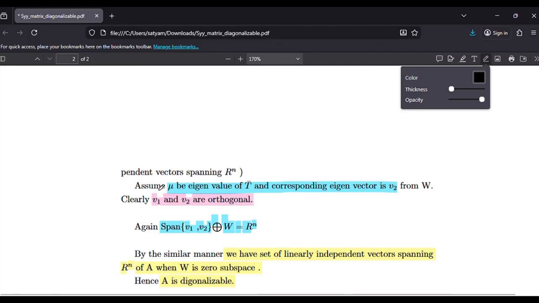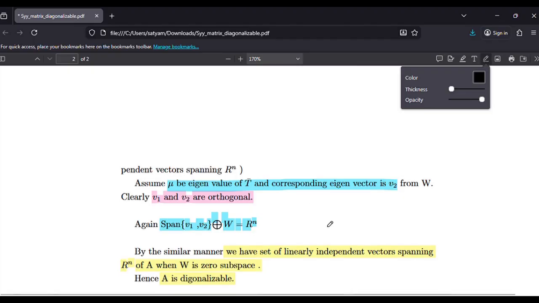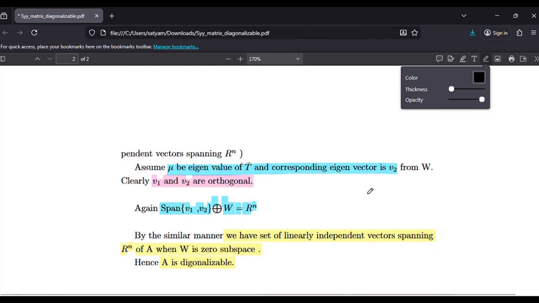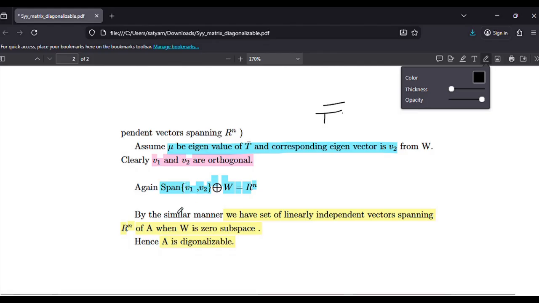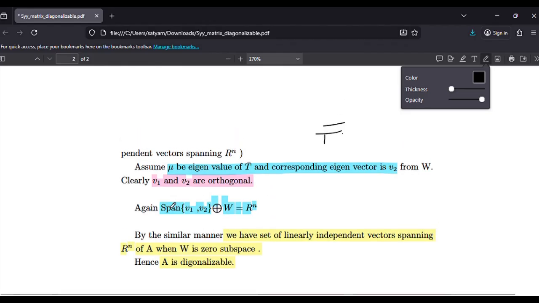Now this V2 is an eigenvector of T bar, and clearly V2 is a member of W. Since V1 is orthogonal to W, V1 will be orthogonal to V2 because V2 is an element of W. So we have the span of V1, V2 and the direct sum of W equal to Rn by the previous theorem.